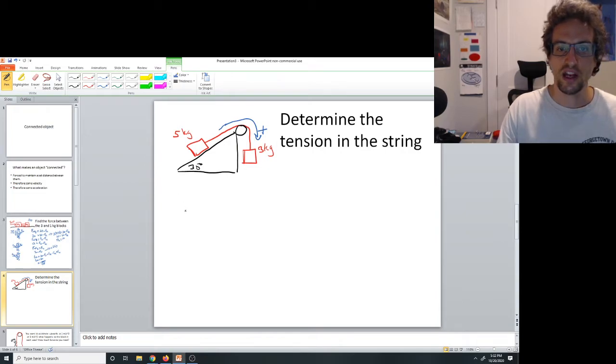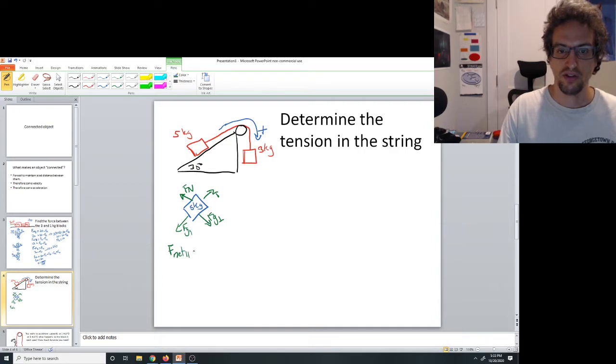So let's go ahead and look at each of the blocks now. We've got the 5 kilogram block. The forces on it are, I'm actually going to go ahead and split FG. So we've got FG parallel, FG perpendicular, tension, and normal force. Right? And so the perpendicular direction is unnecessary. So I'm just going to do the parallel direction.